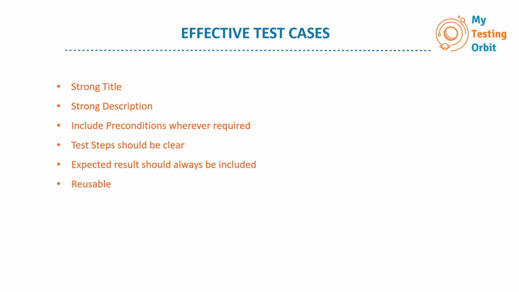If you have this thought in your mind, then you will know how simple the test steps should be. Maybe at one point you are not there to execute, and maybe another tester is doing it, or a developer is executing the test case, or a BA is executing your test cases.